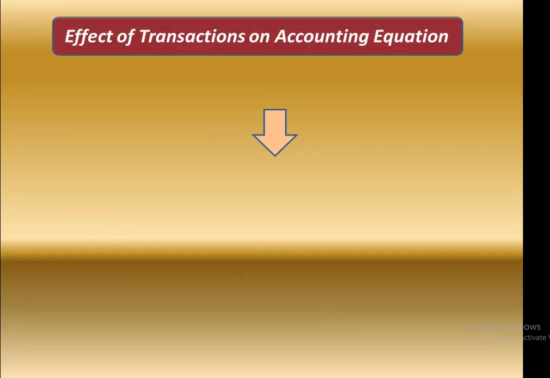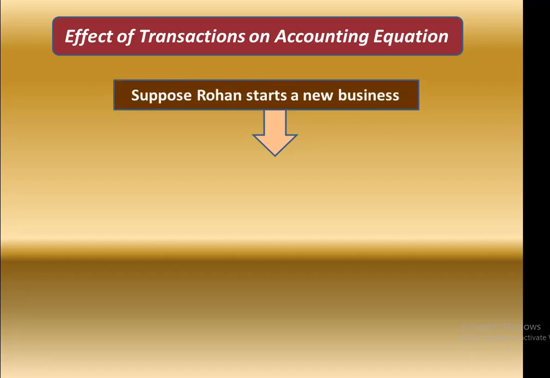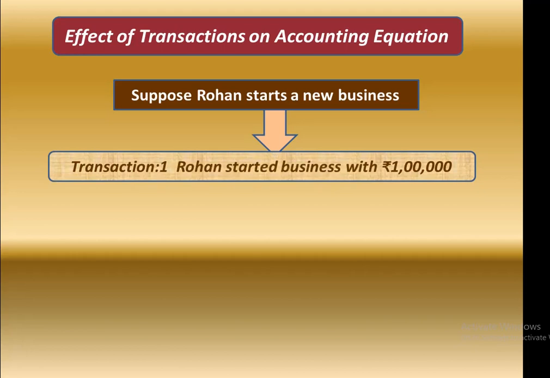Now we will see effect of transactions on accounting equation. Let us take an example. Suppose Rohan starts a new business. Now, transaction 1. Rohan started business with rupees 1 lakh.